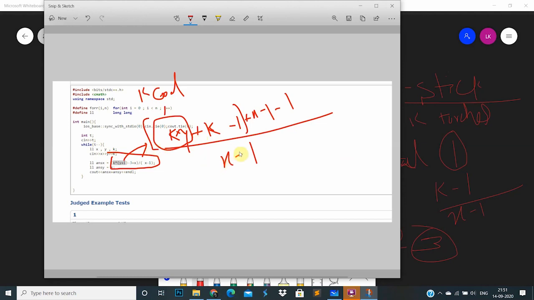Now we divide by x minus 1, because in one step we can increase our sticks by x minus 1.